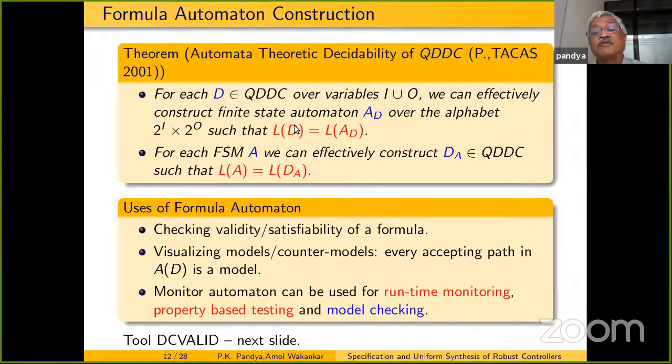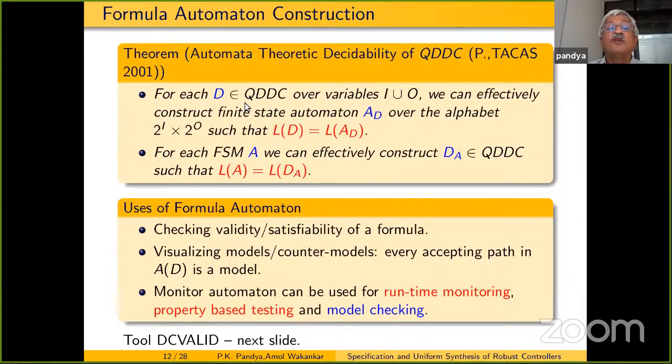There is the language accepted by the automaton and there is the language of the formula, and the two are the same. Conversely, if you give me any finite state automaton, I can effectively construct a formula such that the two have the same language. And yet, the descriptive power, the descriptive vocabulary of these two mechanisms, the logic and the automata, are quite different.